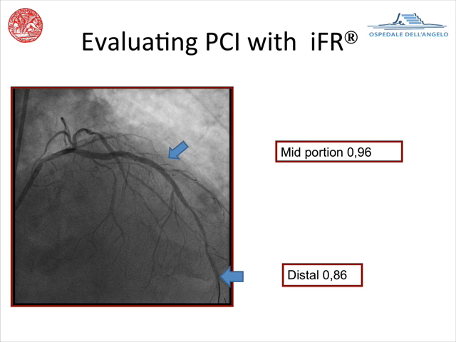Then we evaluated the effect of PCI. The iFR values predicted the effect of our intervention. We decided to leave the distal part of the LAD without treatment, considering the distality and the extension of the disease.